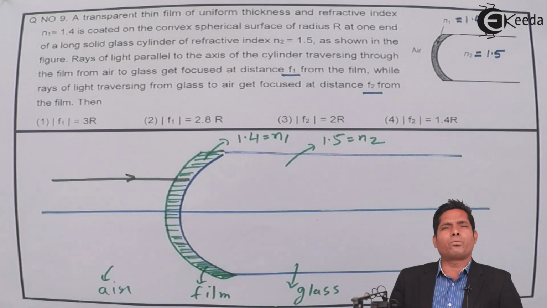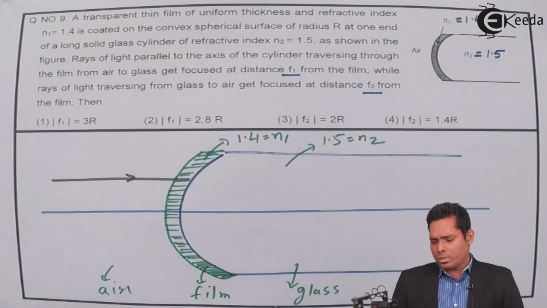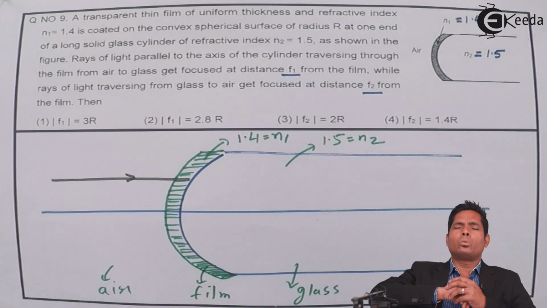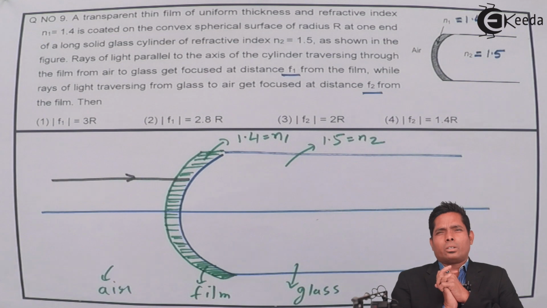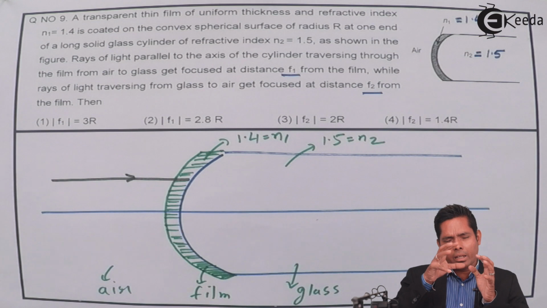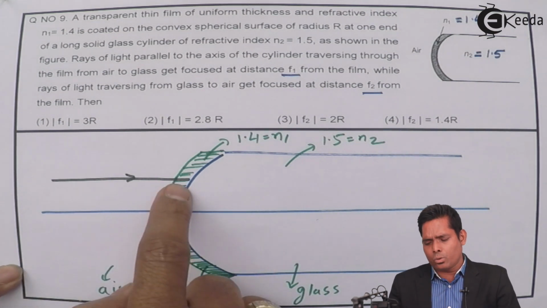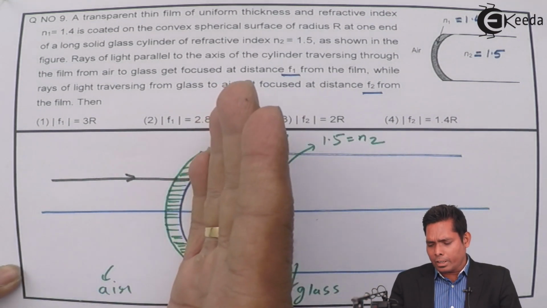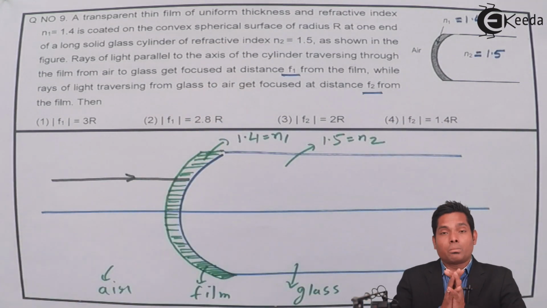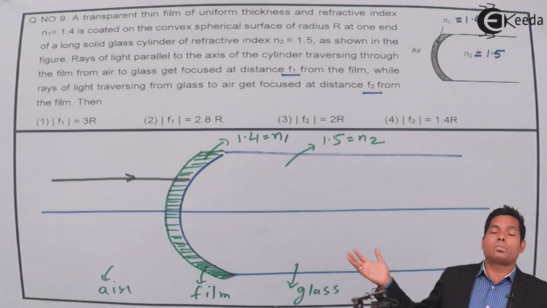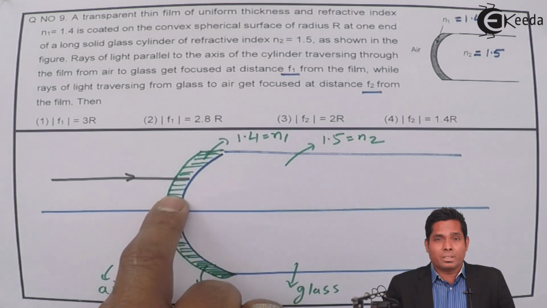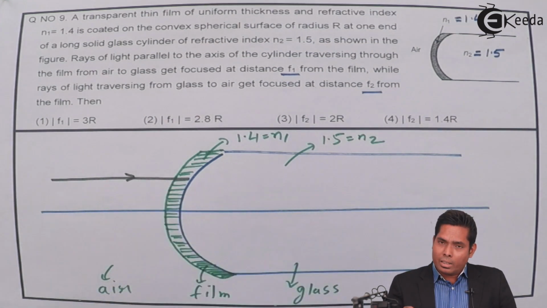The light is traveling from air to glass through this film medium. So we have to separate the analysis: first the light moving from air to the thin film. If the glass were never present and we only think of air to the thin film, then there must be an image somewhere, and only when the glass is present, so that we'll consider.